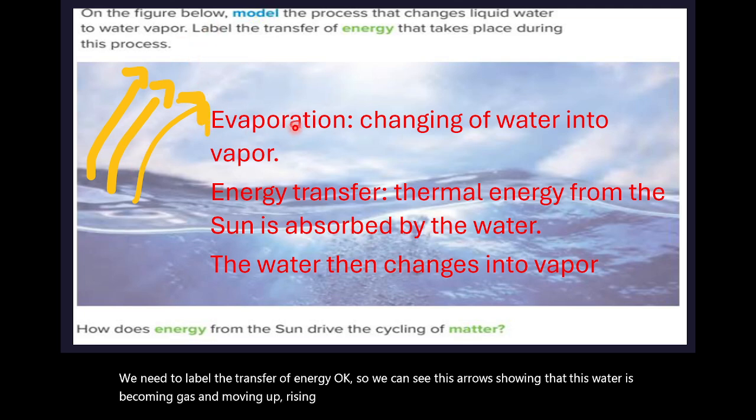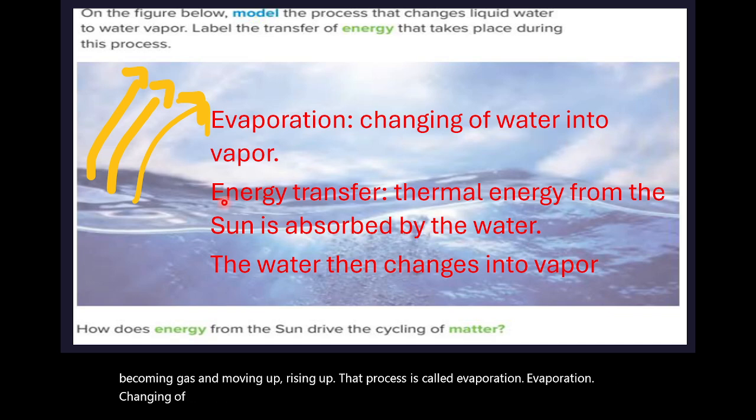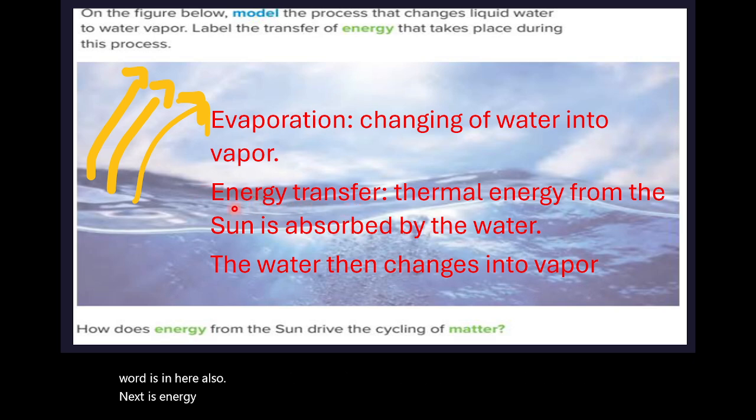That process is called evaporation, the changing of water into vapor. See, the word vapor is here and the word vapor is here also. Next is energy transfer.